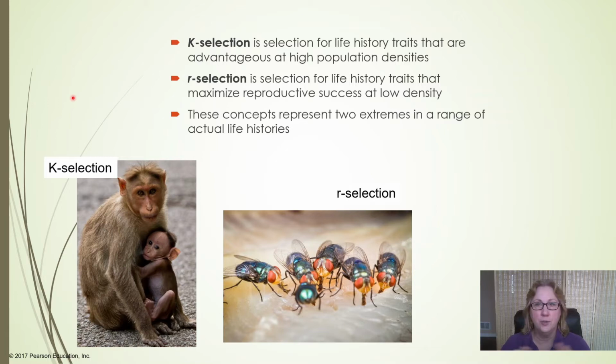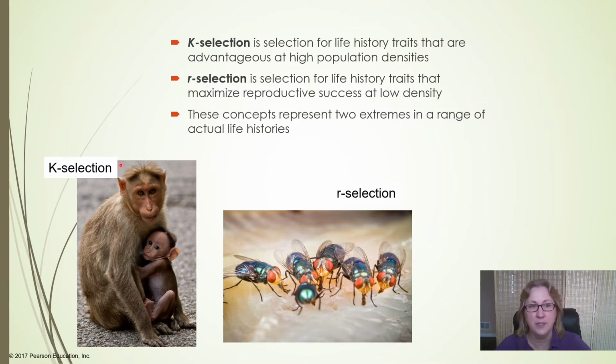And these two life strategies have names: K-selected species and R-selected species. You'll notice this capital K here is the same K for carrying capacity. And the lowercase r here is also deliberate. That lowercase r is for reproduction.